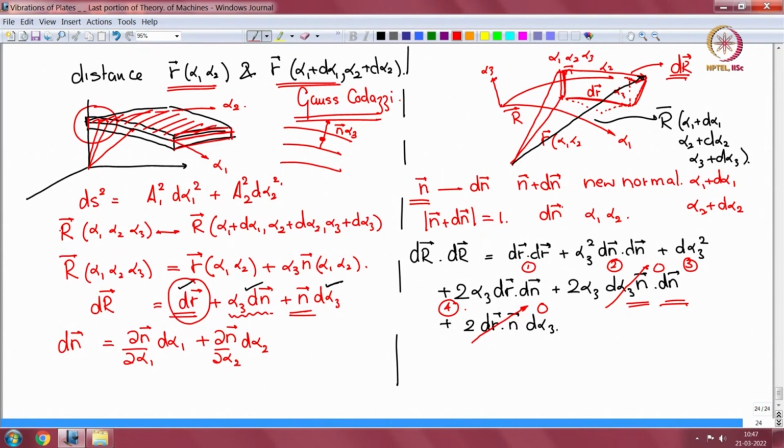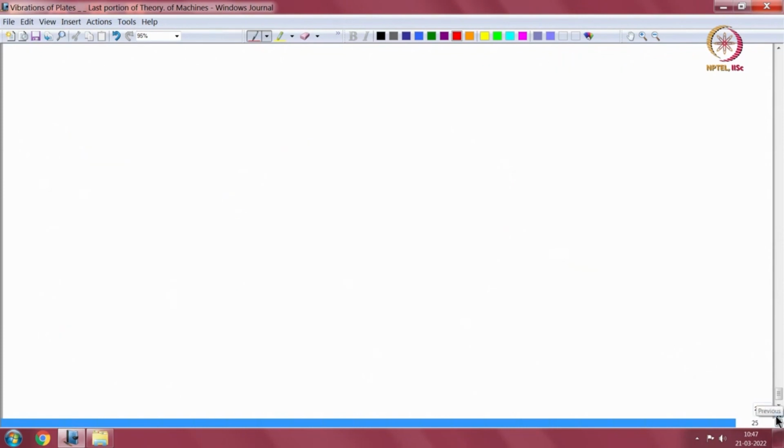Now let us look at the second term, which is alpha 3 squared dn dot dn. Let me sort one thing out. The first one, which is dr dot dr, is a1 squared d alpha 1 squared plus a2 squared d alpha 2 squared.